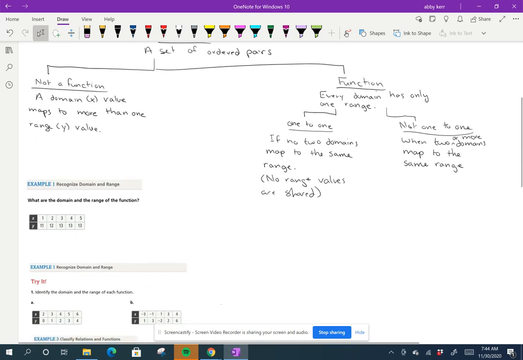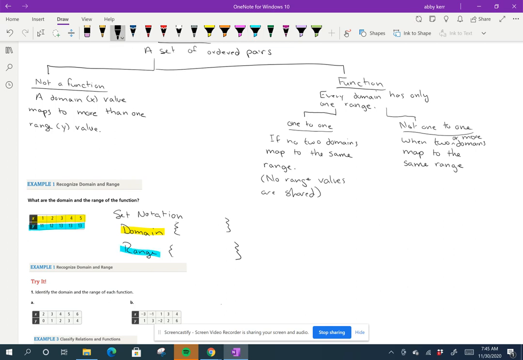Now, the first example is just recognizing domain and range. When you want to state something, that is when set notation is going to be used. So set notation is going to separate the domain and the range, which I want you to write out. I'm going to use the squiggly braces. Now the domain is our x's, and then the ranges are our y's.